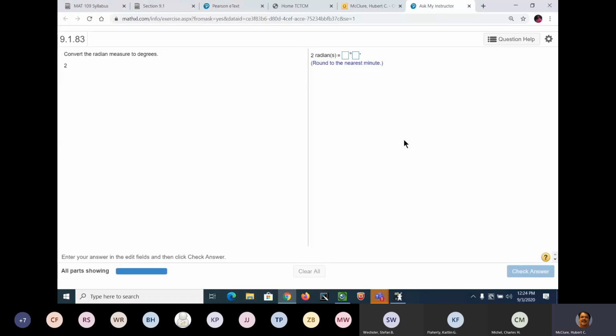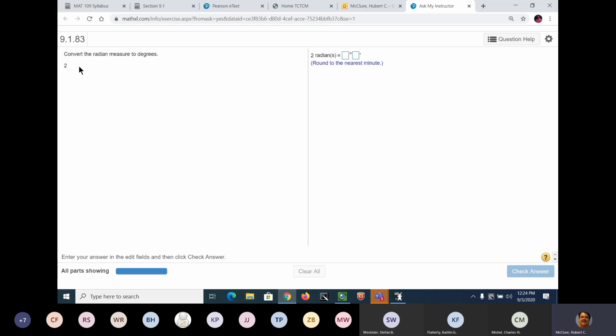9.183/21. And I need to finish up soon because some of y'all are going to start convulsing. Convert the radian measure to degrees. Well, I'm going to multiply. We know this is in radians, so that means that it is in pi mode.